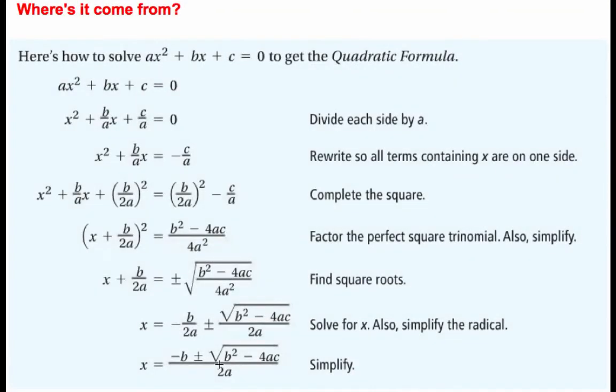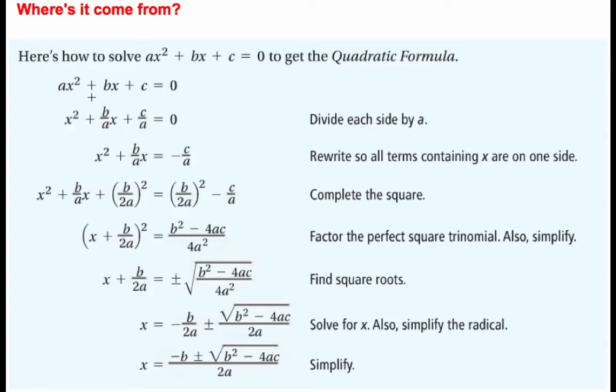So where does the quadratic formula come from? Here's a proof, if you will, of the quadratic formula. It's actually not really a proof, but it's the derivation of the quadratic formula, and it all comes from the standard form of our quadratic set equal to 0. If we start off with ax squared plus bx plus c equals 0, remember, we're solving for x, so we're trying to isolate x on one side.